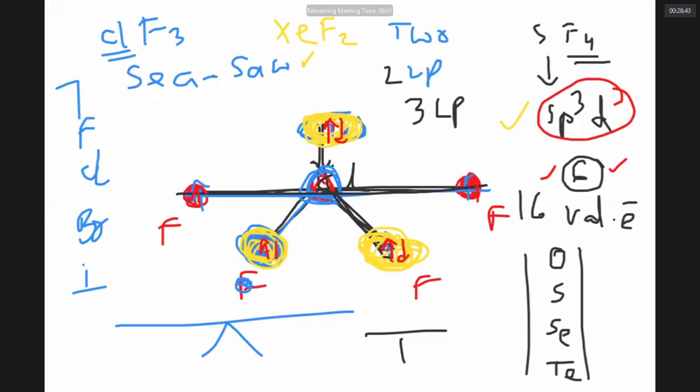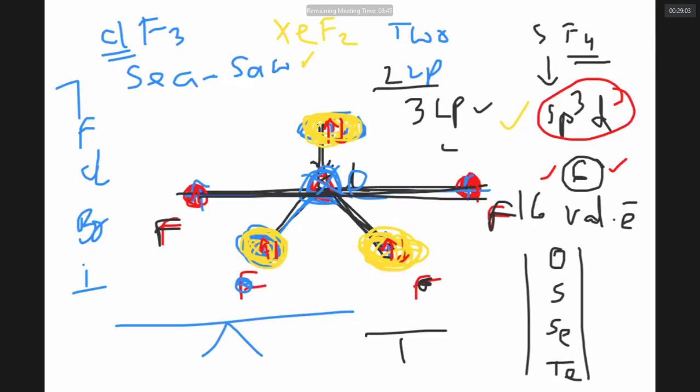So now the equatorial positions are all occupied by lone pairs. Now this xenon, I use blue color. Xenon is making XeF2. Now what is the shape? Linear. So if there are 3 lone pairs, that is linear.